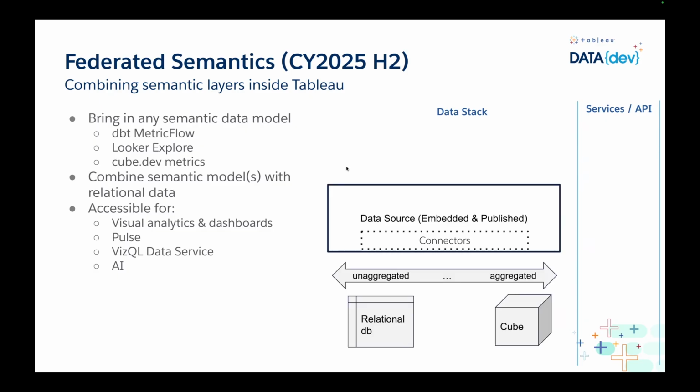Today, Tableau has the most comprehensive list of connectors, and they can range from bringing in unaggregated data using relational databases to aggregated data using cubes. Once you have brought your data into Tableau, you define your data model that I talked about earlier, and then store it within the Tableau data source to power your worksheets, your dashboards, and Pulse. You can choose to keep this semantic layer for yourself to use as an embedded data source or share it with your colleagues as a published data source.